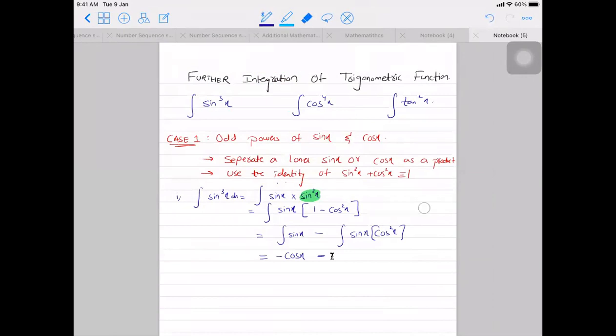So what I can do is write cos squared x as cos x the whole thing squared. Is this a product form? Yes. So cos x is my function which is raised to the power of 2, and it is being multiplied by the differentiation of the function. So what is the differentiation of cos x? It's minus sin x.